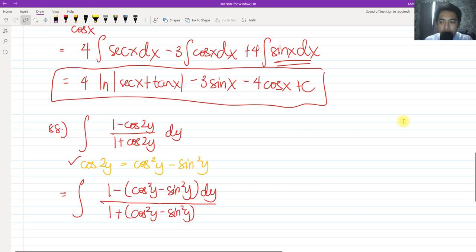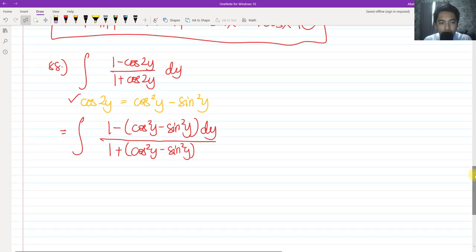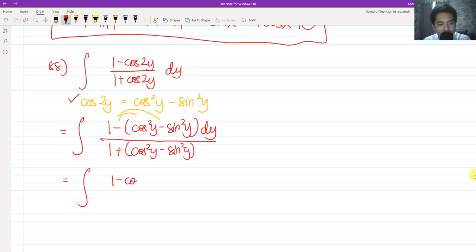So that is the simplified form if we are going to use the integral. Now, distributing the signs, that would become 1 minus cosine squared y plus sine squared y, and over, we have 1 plus cosine squared y minus sine squared y, and then dy.